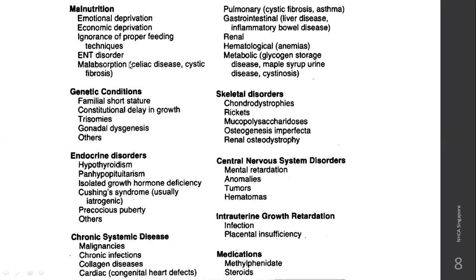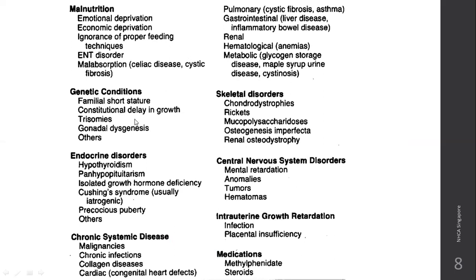So these are the complications that can happen because of failure to thrive. Malnutrition would lead to emotional deprivation, economic deprivation, not being able to feed the child properly. Some ENT disorders, malabsorption disorders like celiac disease, cystic fibrosis: if the child is suffering from all this, the child will suffer from malnutrition.